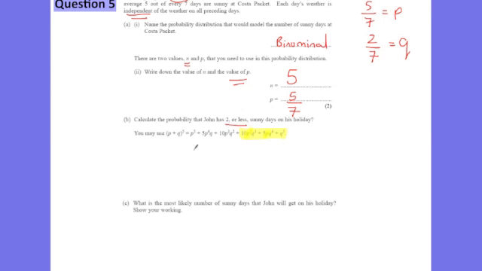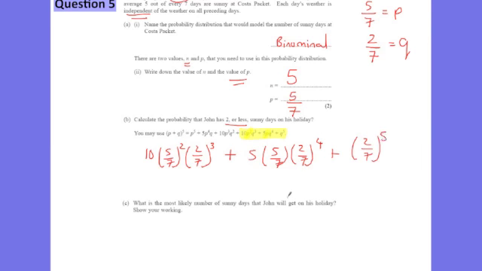So substituting in here, we will have 10, 5 over 7 squared, 2 over 7 to the power of 3, the third power, and so on. Showing all your steps and using your calculator, you will get a probability of 0.1447.